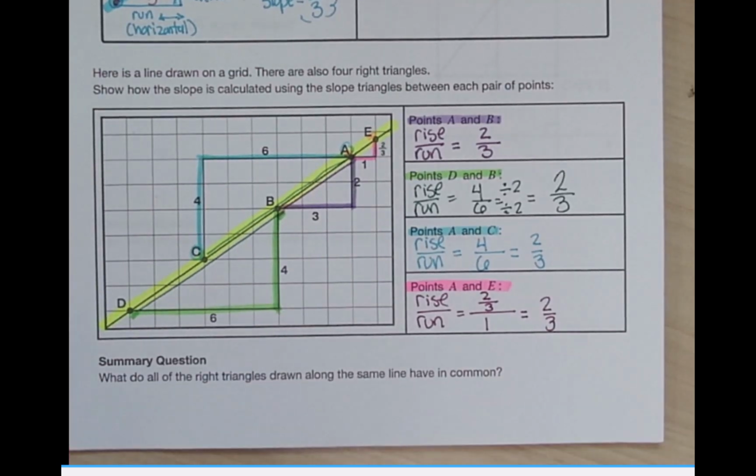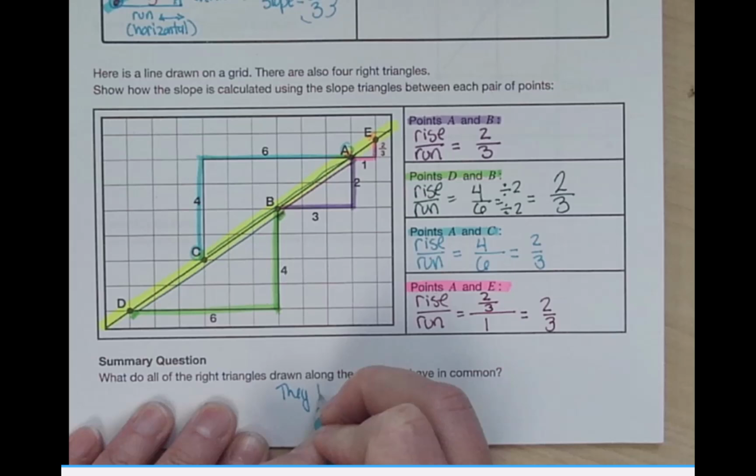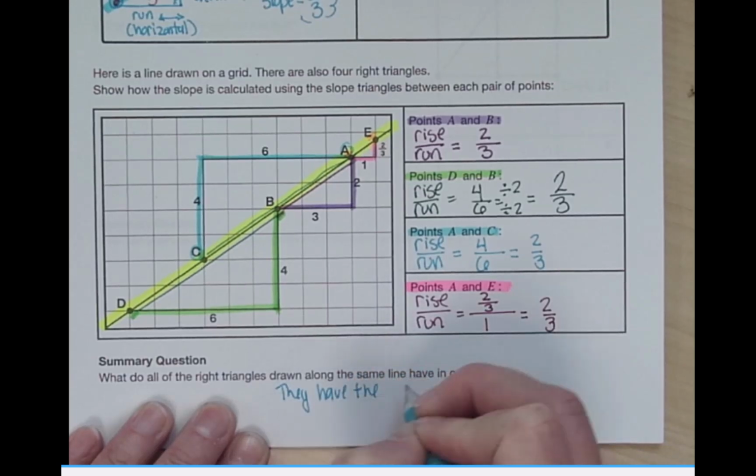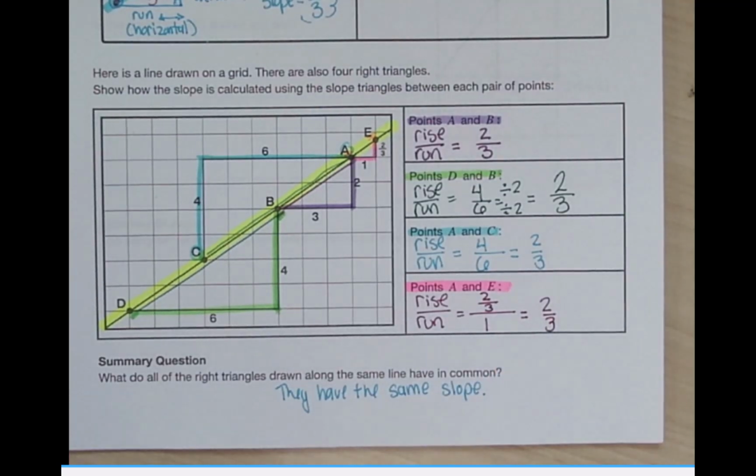So what do all of the right triangles drawn in the same line have in common? Well, they have the same slope. Because they're all similar triangles.